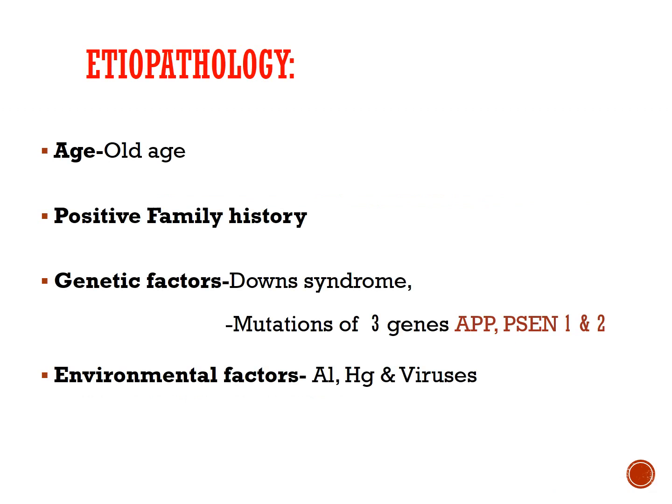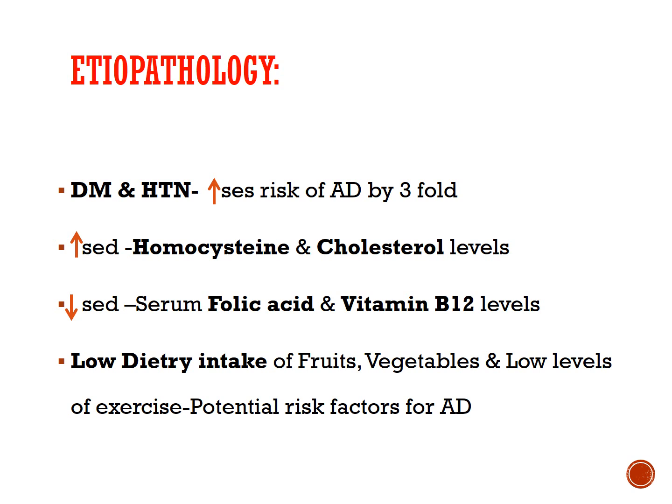Now we are moving on to the etiological factors associated with the development of Alzheimer's disease. Advancing age, positive family history, genetic factors, and certain environmental factors are said to be associated with its development.